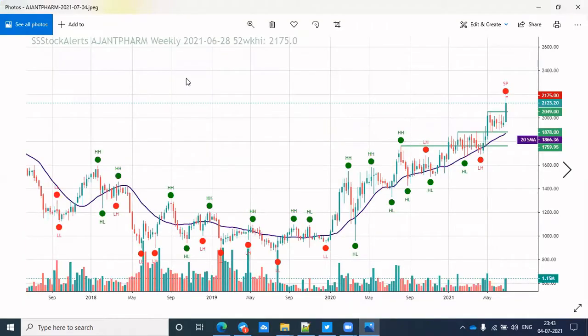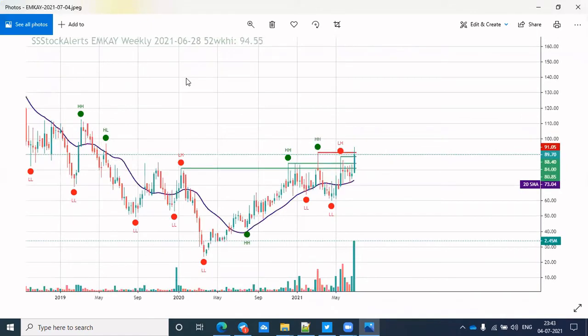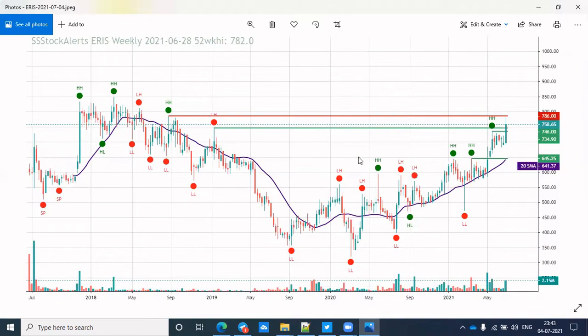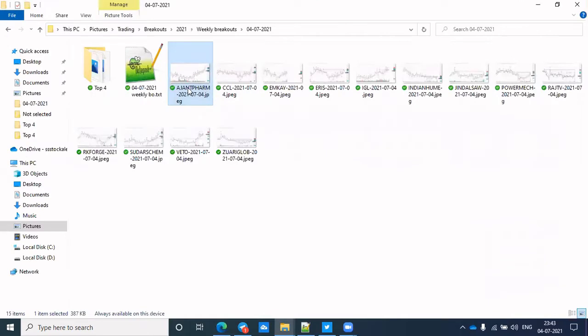I have downloaded Ajanta Pharma, and mostly these patterns, the highest volume and the breakouts, I would have shortlisted. The next thing is, once we have shortlisted, if we have more than 10 or 20 stocks, how do we pick the top 4? That's how we'll go.